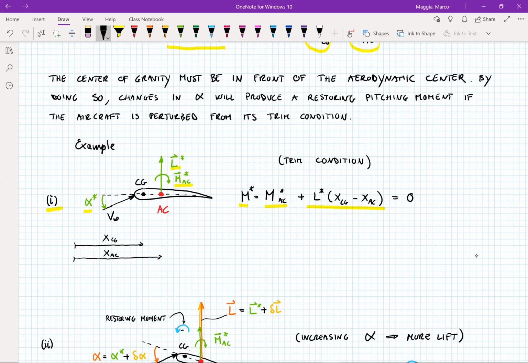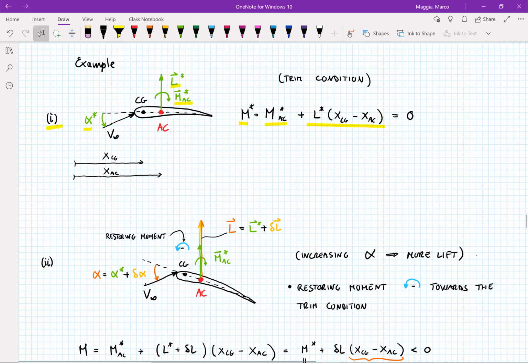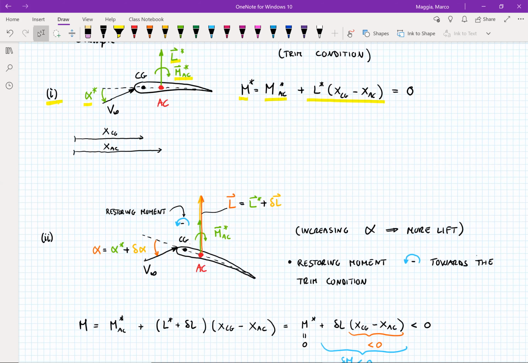Okay, very good. Now let's say that we have a perturbation that will increase our angle of attack. So now our angle of attack is the trim alpha star plus this little increment delta alpha.